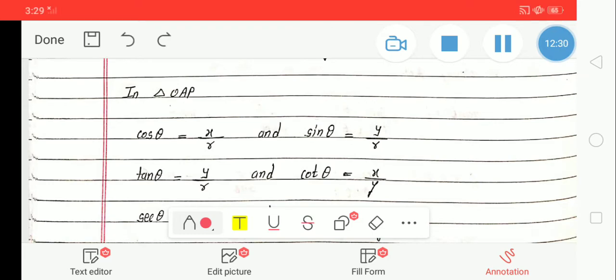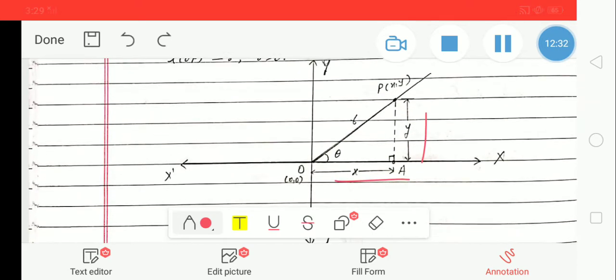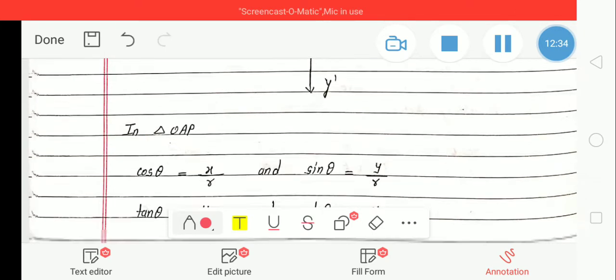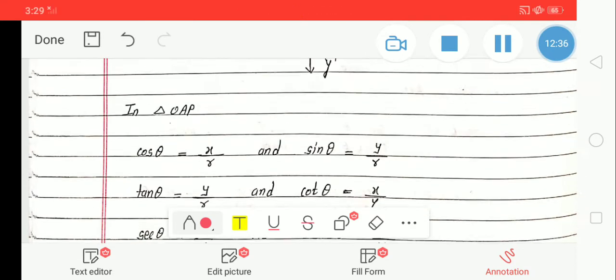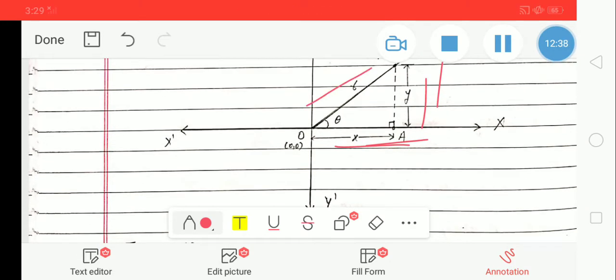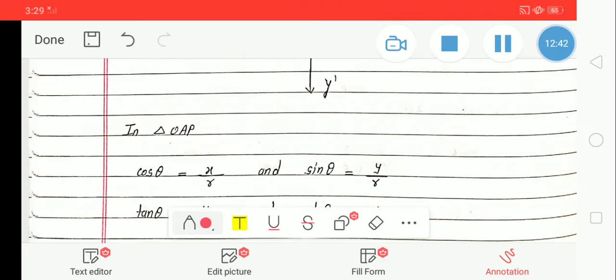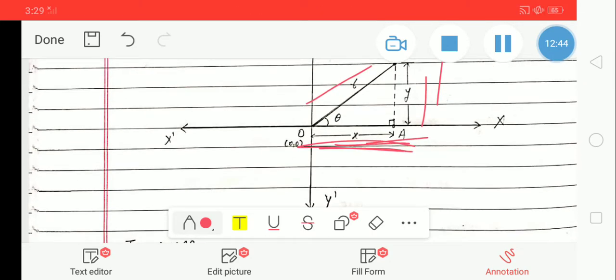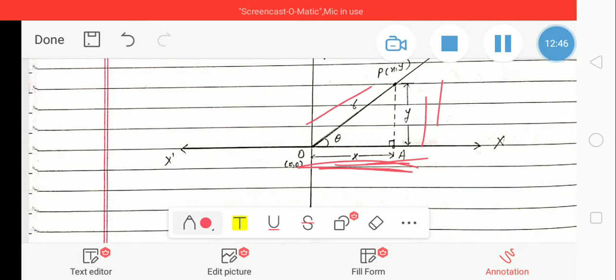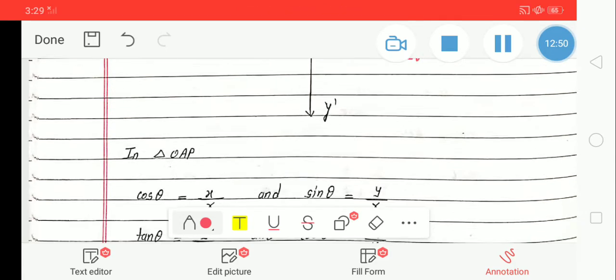And now for cot, sec and cosec: cot is adjacent upon opposite, sec is hypotenuse upon x, where x means adjacent, and cosec is hypotenuse divided by the opposite side.